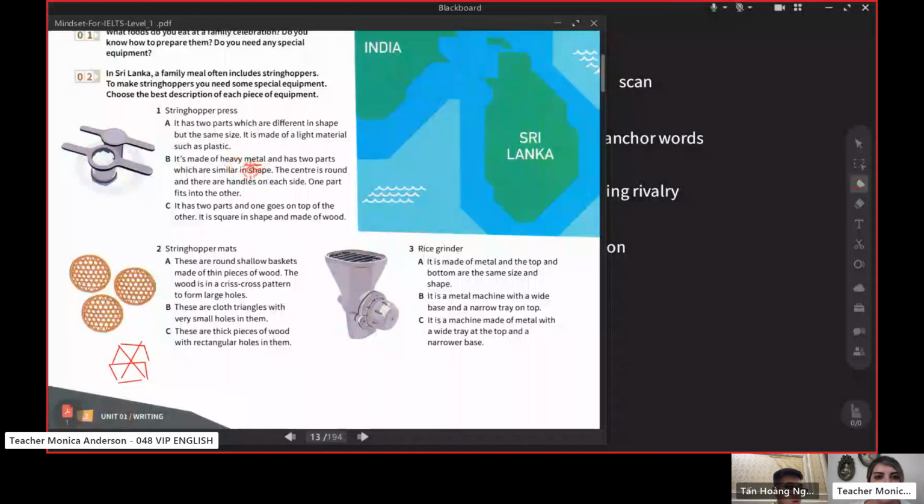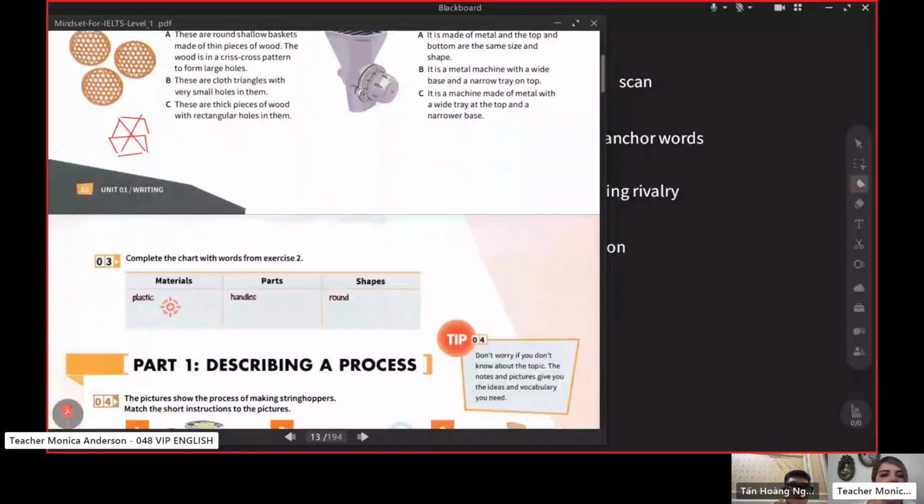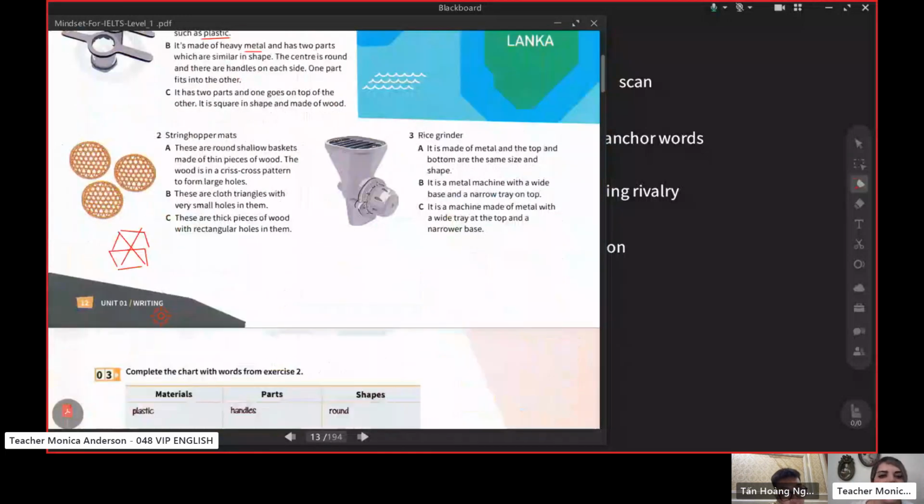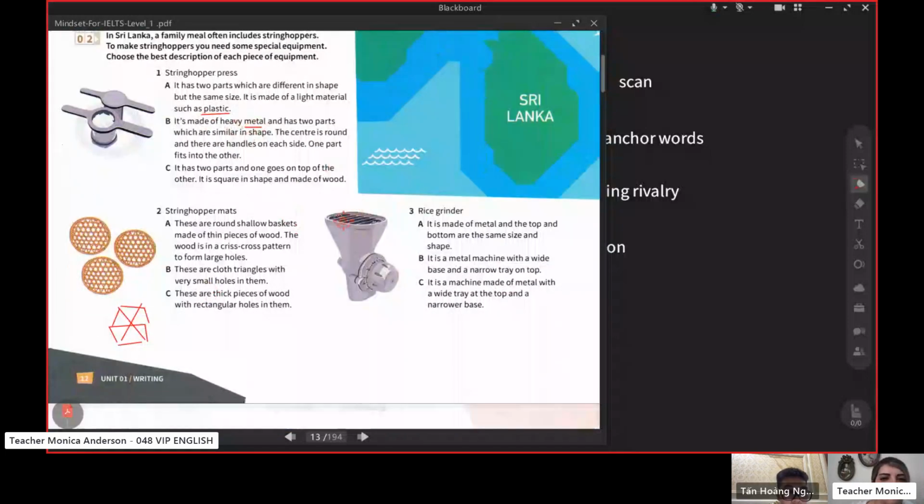Metal, very good. What about part A? Couldn't you find anything? No, but it's in the column. Yes, we have plastic. Great. And wood. Excellent.